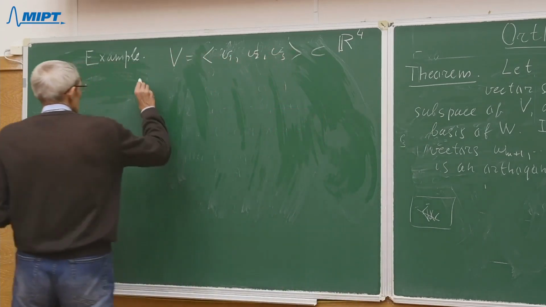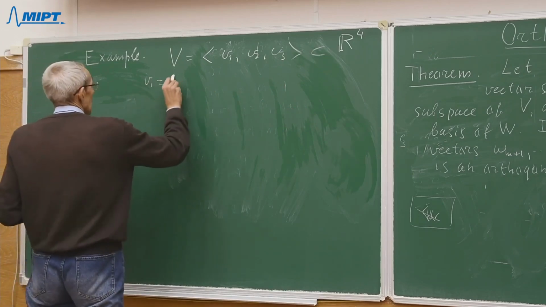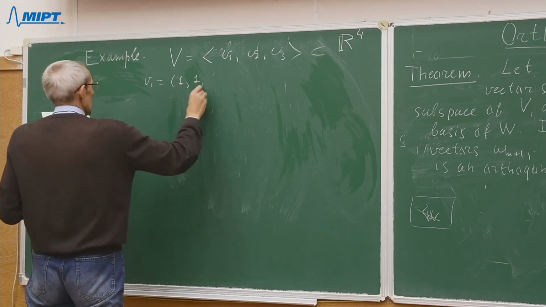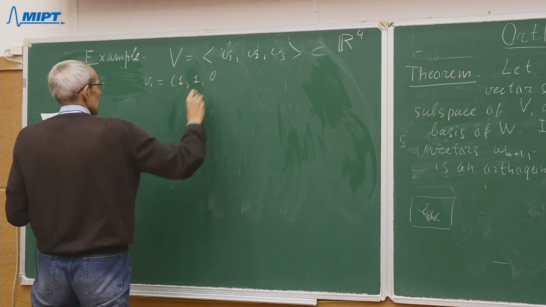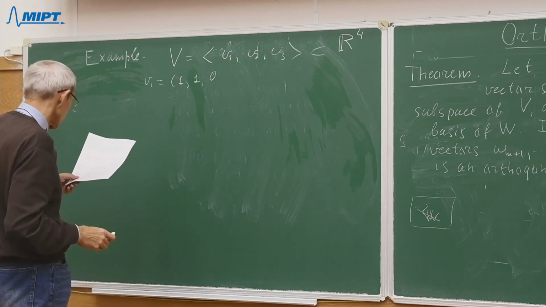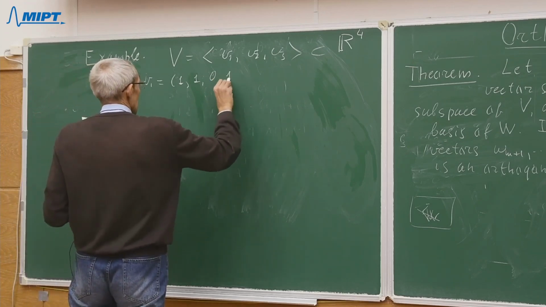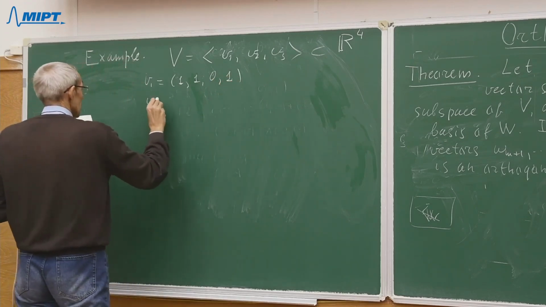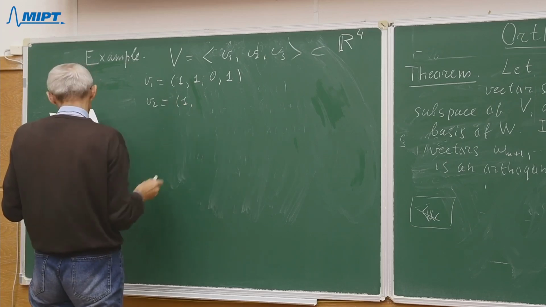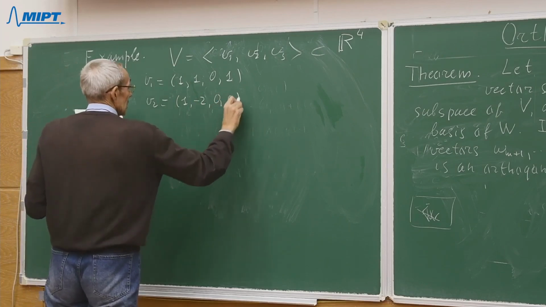And let v1 have the following form, a collection of real numbers: 1, 1, 0, 1. v2 is the collection 1, minus 2, 0, 0.